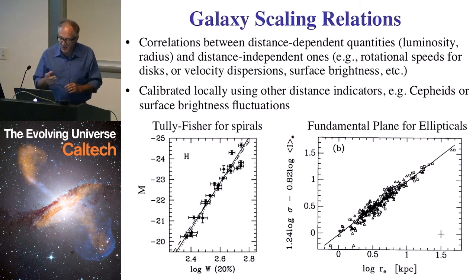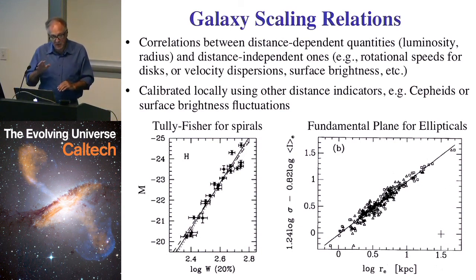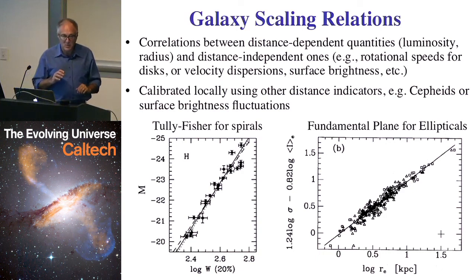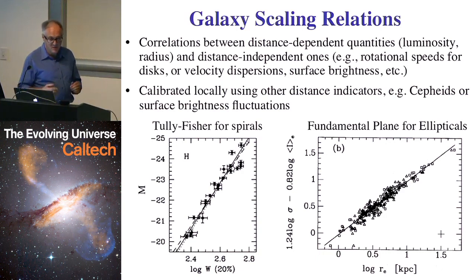For fundamental planes, it's the other way: the y-axis does not depend on distance, the x-axis is radius, which depends on distance. And so we can use these correlations for galaxies in clusters to find out how far they are. But we need to calibrate the zero point somehow. And the way the zero point is calibrated for spirals is using Cepheids, and for ellipticals, it's using surface brightness fluctuations.